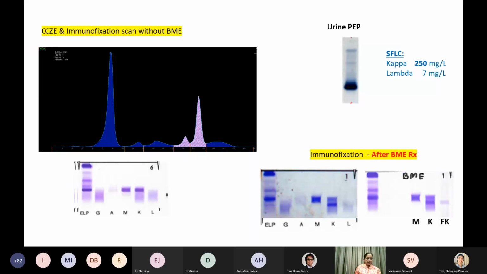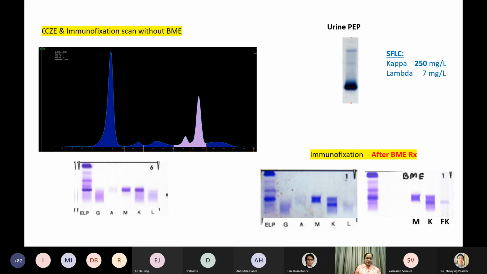This is a patient with anemia, and they were querying monoclonal gammopathy on the request form. We can clearly see a monoclonal peak on the electrophoresis. Initial immunofixation showed a monoclonal IgM kappa band and a faint monoclonal IgM lambda band. I'm not sure if you can see the second lambda band there. We measured serum free light chain at the same time, and the kappa concentration was 250 milligrams per liter.